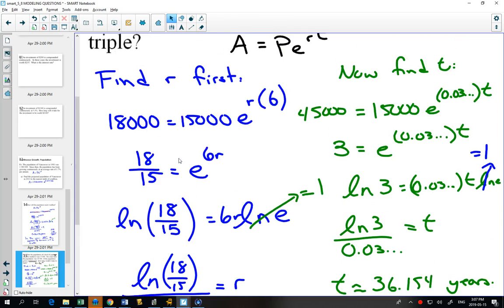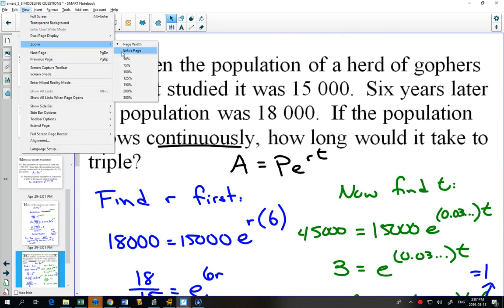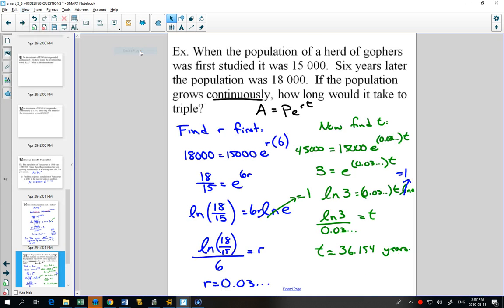All right, anything else wrong with this question? No, all good? Okay. There was one other tiny little thing wrong. It's not a herd of gophers. Does anyone know what a group of gophers is actually called?